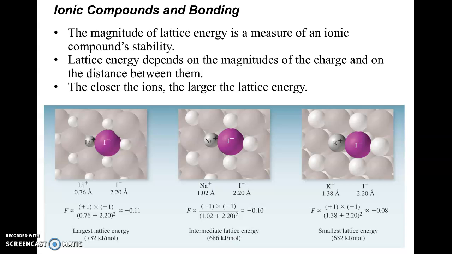And you can see in the lithium iodide, those lithium cations fit very tightly among the iodide anions. With the sodium, you get a little bit of space between the various iodide anions. And with potassium, which is even bigger because you're going down the periodic table, or down that group, you've got a much larger space, and they're just not as stable if they're not actually touching. So the lithium iodide has the largest lattice energy. It's the most stable, whereas potassium iodide is the least stable.